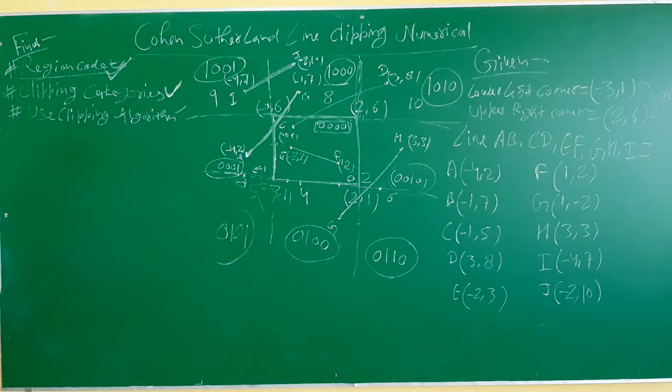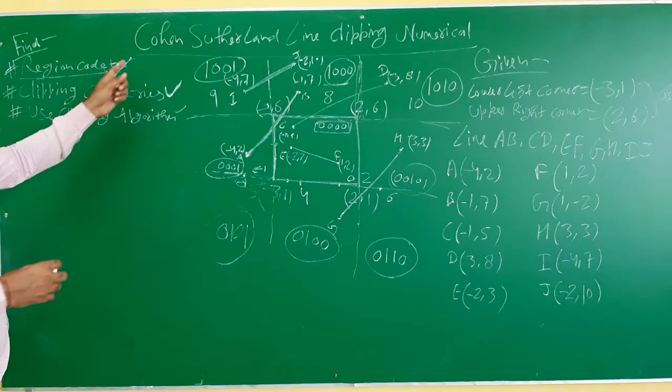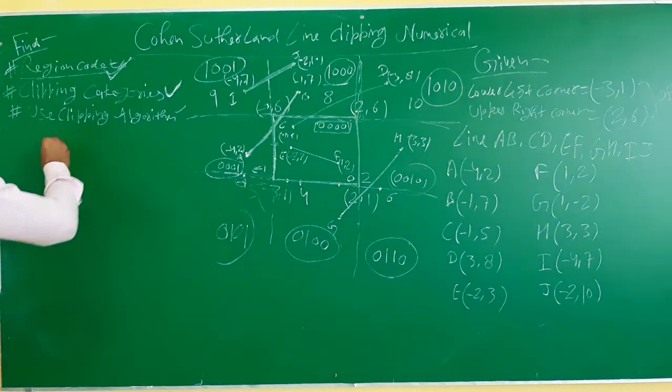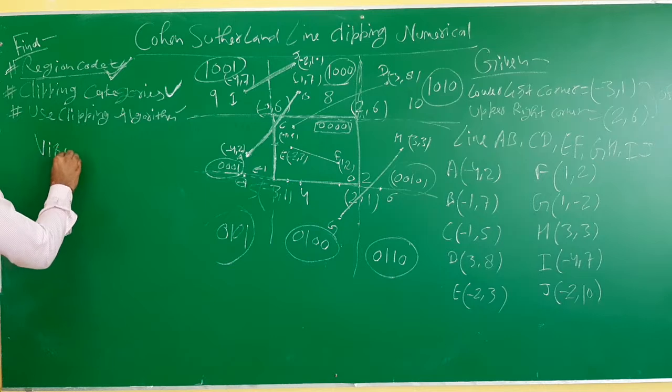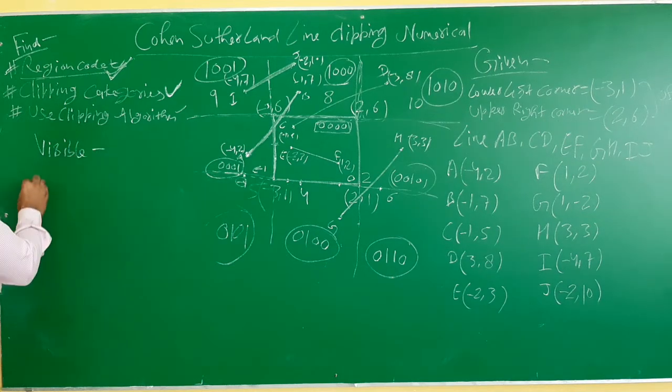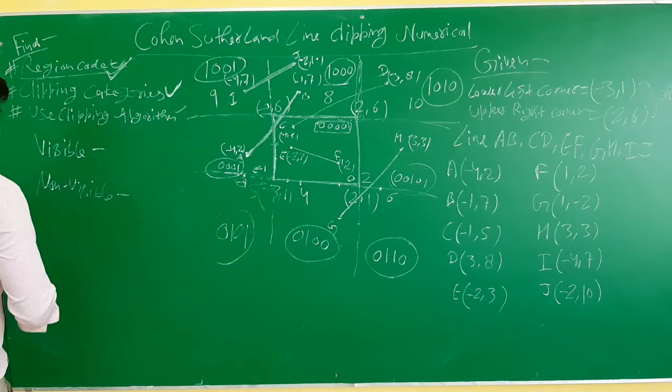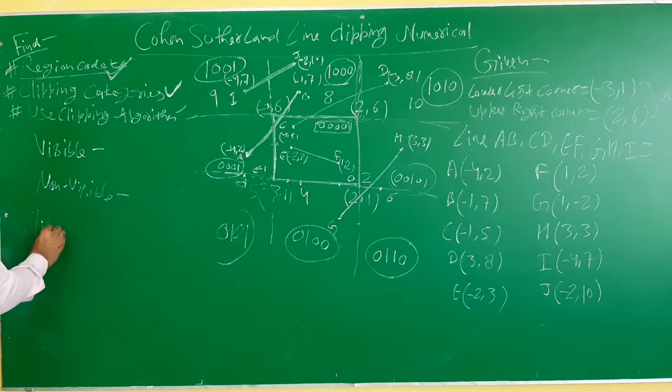As we know, in the Cohen-Sutherland line clipping algorithm, we have 3 categories. First is visible, second is non-visible, and third is clipping candidate.